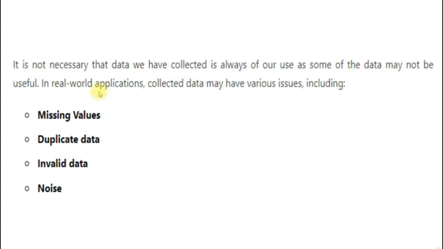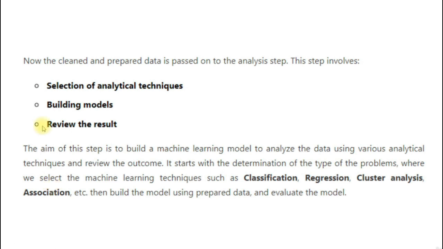Now it is not necessary that the data we have collected is always of our use, as some of the data may not be useful. So in real world applications, collected data may have various issues, including the data may contain some missing values, or there may be redundant or duplicate values in the data. Then some invalid or non-relevant data will be present in our data set. And finally, the data set will also have noise apart from the main crucial data that we want to work with. Now this clean and prepared data is ready to pass on to the analysis step.